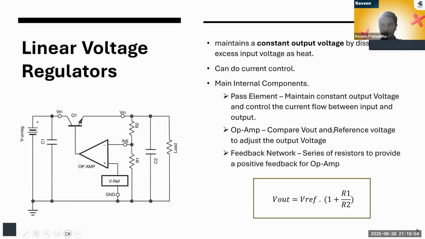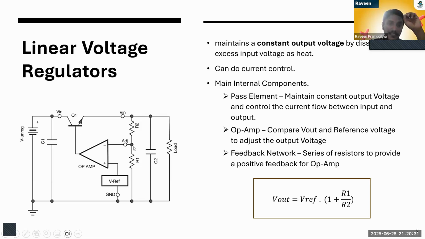When we consider a linear voltage regulator, this is its internal structure. There are three main components. This transistor is called the pass element, which maintains the constant output voltage and controls the current flow between V_in and V_out. The op amp works as a comparator circuit.